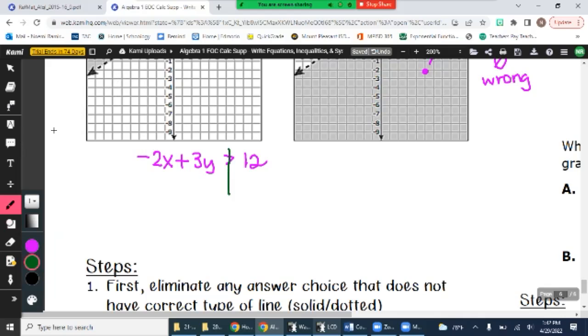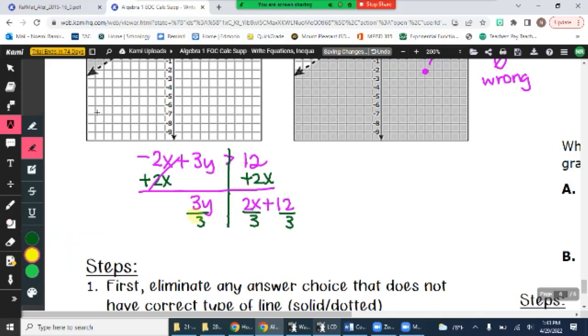What's the first step? Plus 2x. We bring down that 3y, 2x plus 12. And then what's the last step? Divide by 3.